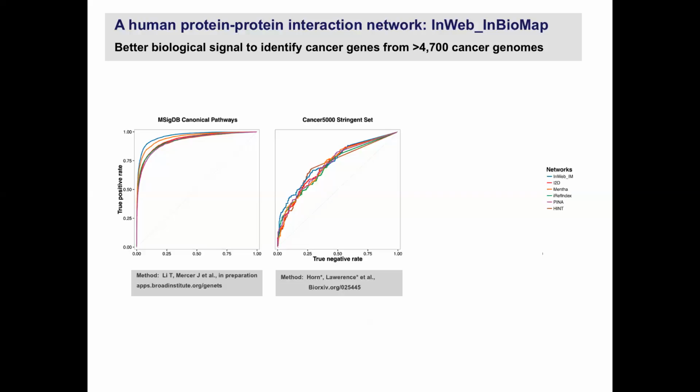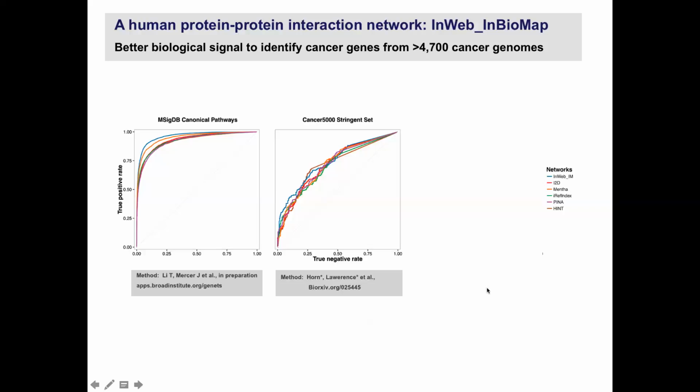This algorithm is called network mutation burden, where we aggregated the mutation frequencies of the interaction partners of each of the genes, scored each gene, and correlated that with the cancer driver genes detected from the sequencing study. We have shown that InWeb is the best at distinguishing the 219 cancer driver genes simply because they have more significantly mutated interaction partners in the InWeb network. And we'll later use this network mutation burden, or NMB, approach to study autism genes.